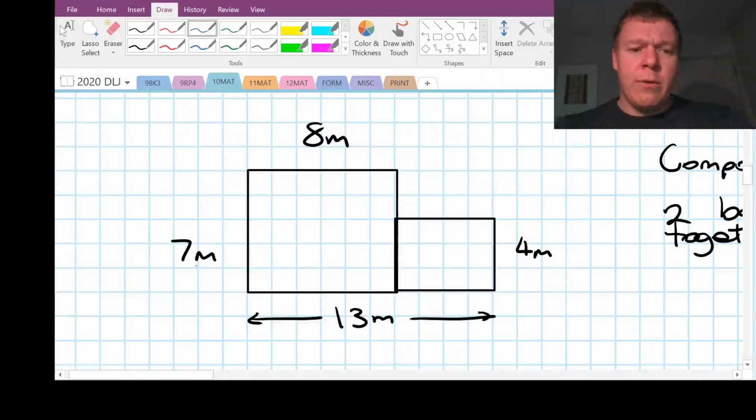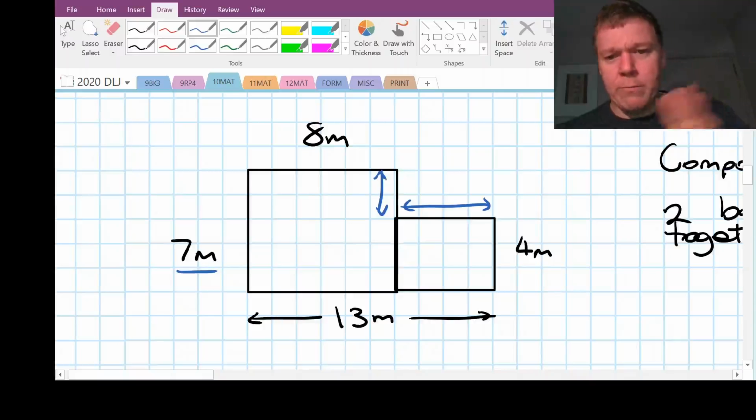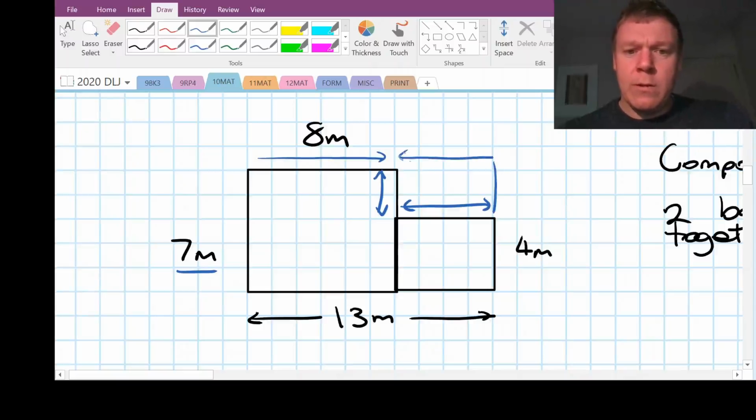So we've got 7 meters here, but we don't actually know what this distance here is, or this distance here is. So we're going to figure those things out. So we know that the distance along the bottom is 13, and the distance up here is 8. So this side here is going to be 13 minus 8, so that's going to be 5 meters.